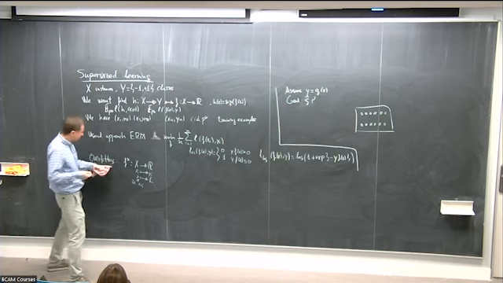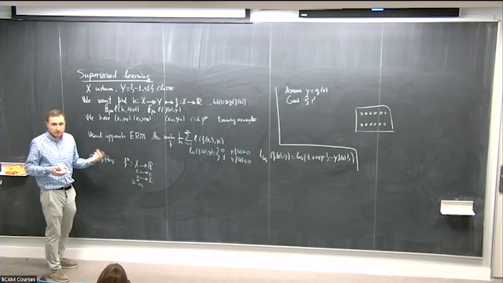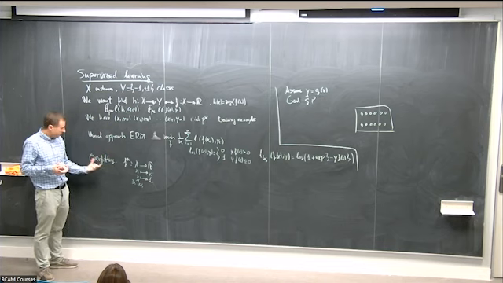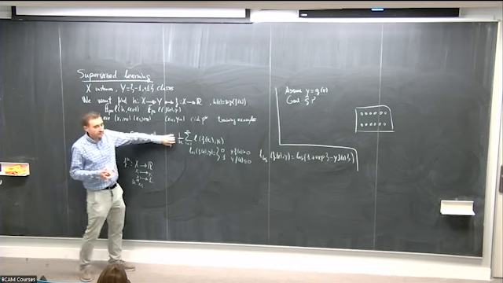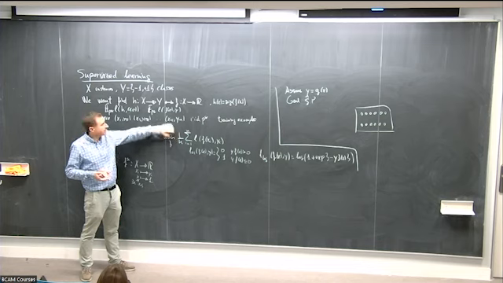Now, from this discussion, I guess it's kind of clear that the way to avoid these kinds of problems is to make sure that the sample averages are similar to the true expectation.